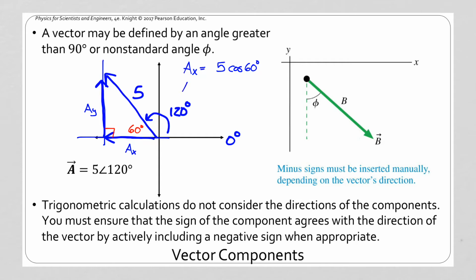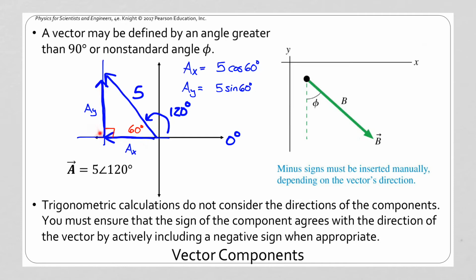AY would be the same thing, again using the magnitude of the vector and the angle inside the triangle. That's called the reference angle. Here's the thing though, if we have the angles inside of a triangle, these angles are always going to be between 0 and 90. Sine and cosine are always going to be positive. So these are always going to be positive amounts representing side lengths of a triangle.